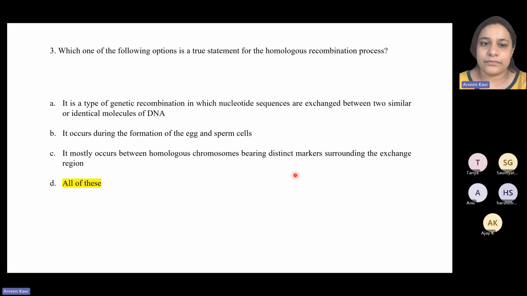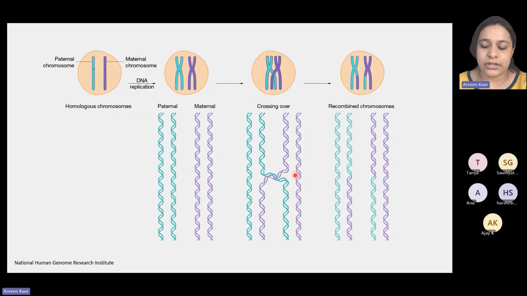So, let us briefly revise what homologous recombination is. This process takes place during meiosis, right? During meiosis, gametes have to be formed.